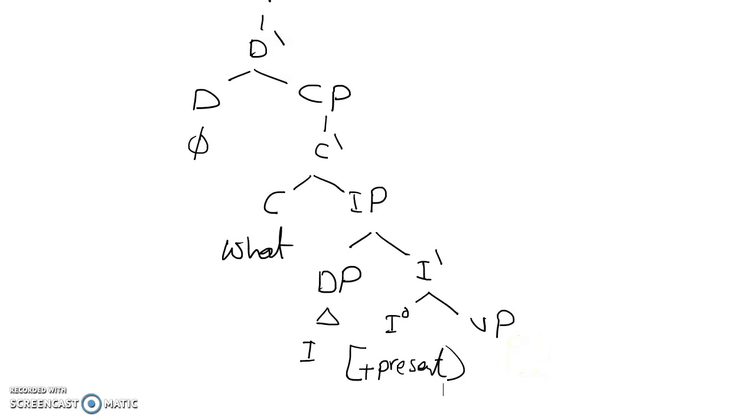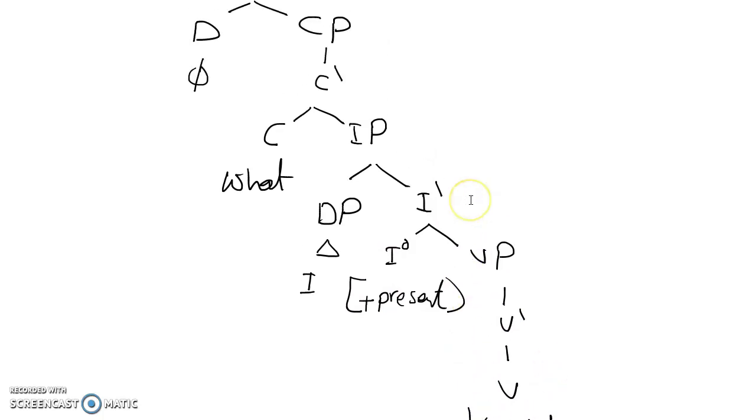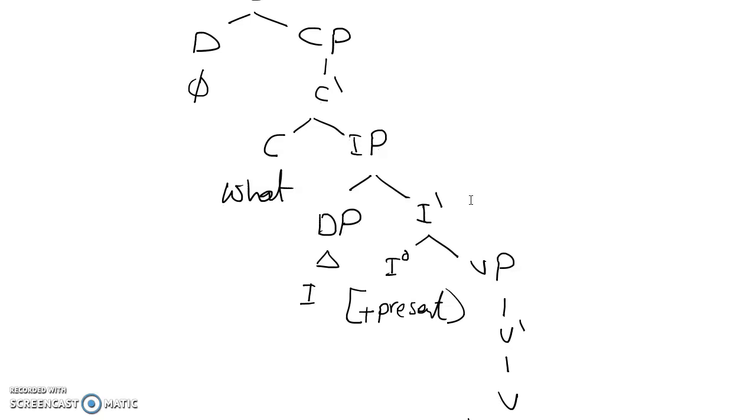So I have to say it this way. So VP consists of V bar, verb, and the word no. By the end, I have got, as you see, the subject of my sentence. Okay.